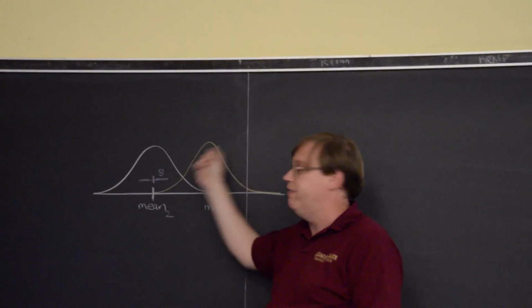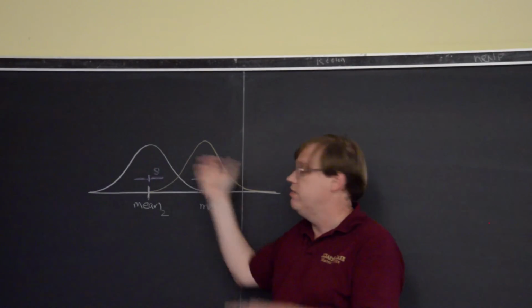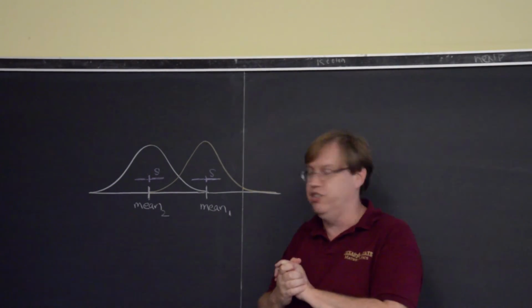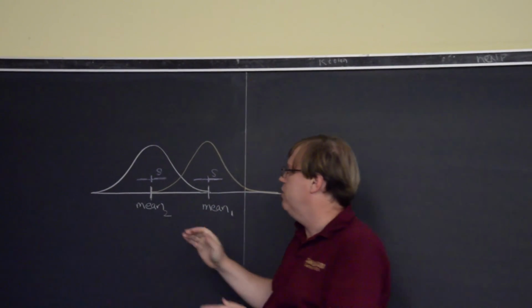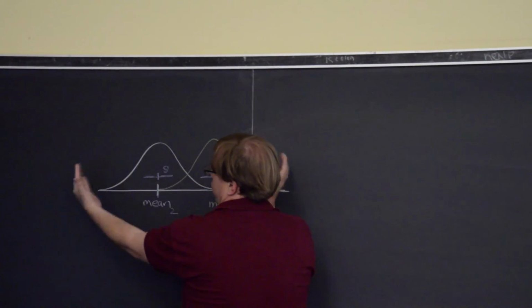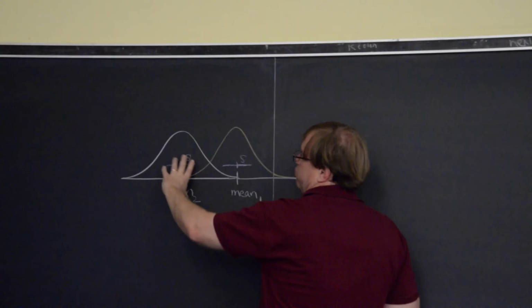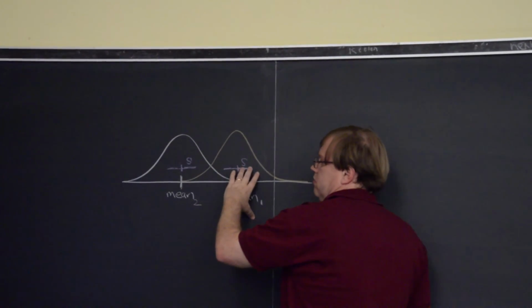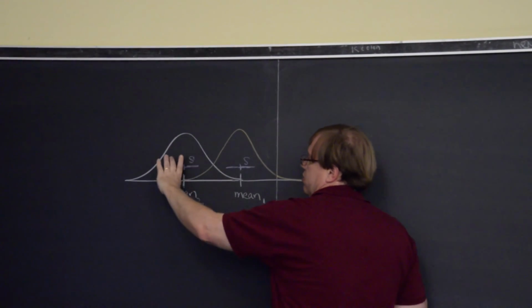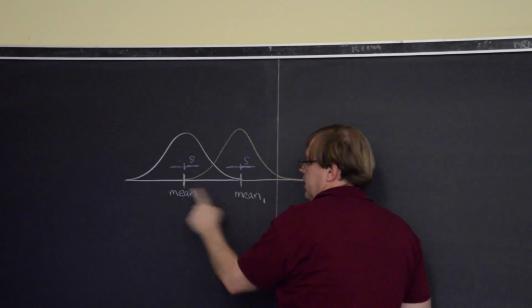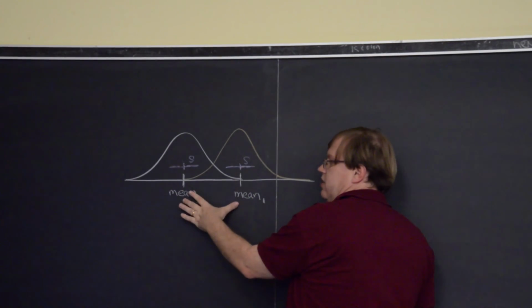If we look at this picture, our data come from 2 different populations, each of them sort of normal as they are in my picture here. We're not looking at the standard deviation of the whole group together. We're imagining treating them differently. This is group 2 and group 1. Maybe this is the treatment and this is the control. These are the means, and we're looking at the mean difference, that's in the numerator.